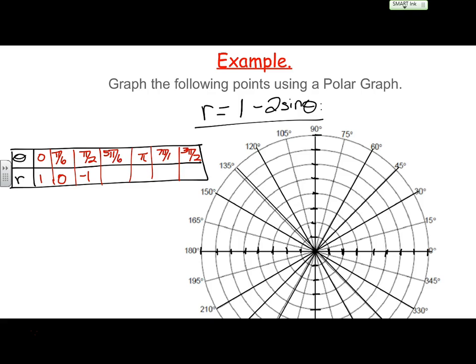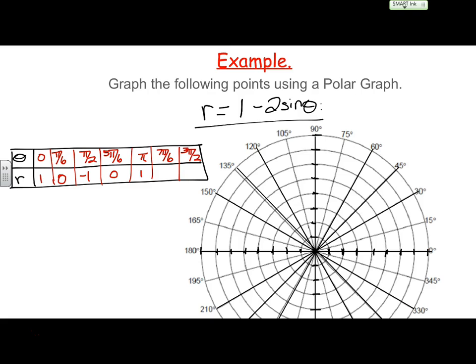I apologize. Sine of pi over 3 is like root 3 over 2. Ugh, that's a decimal. Sine of pi over 6 is 1 half, times 2 is 1. It's 0 again. Sine of pi is 0.